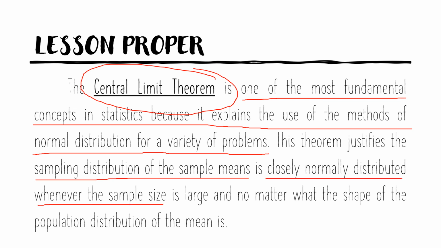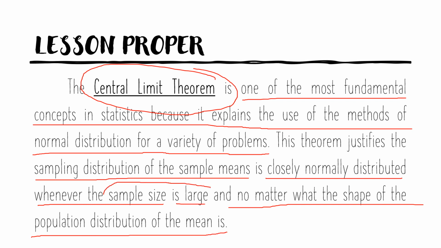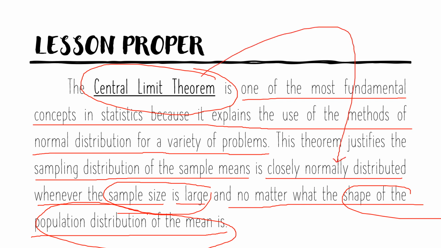Whenever the sample size is large, and no matter what the shape of the population distribution of the mean is, the sampling distribution of the sample means is still closely normally distributed using the concept of your central limit theorem.